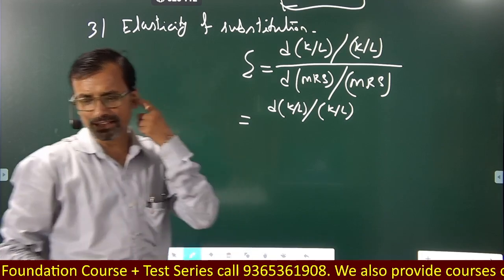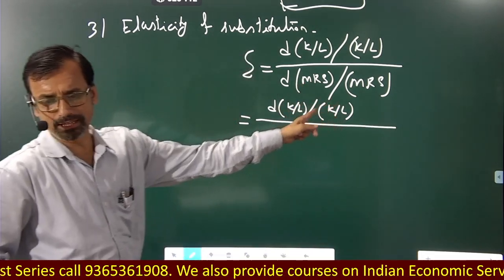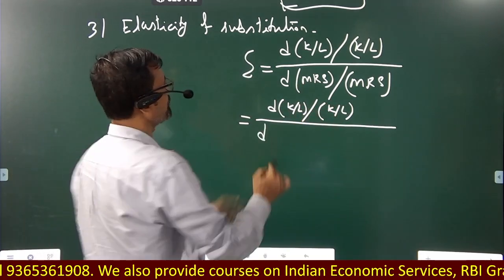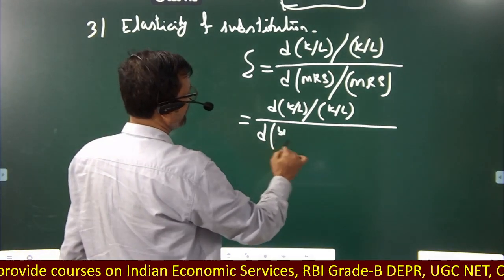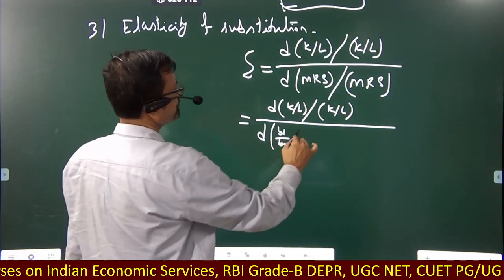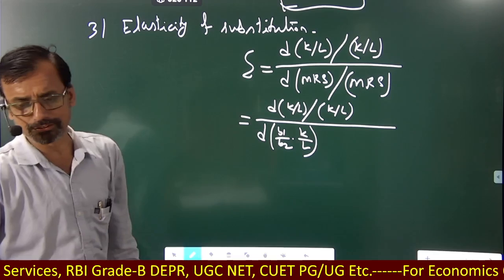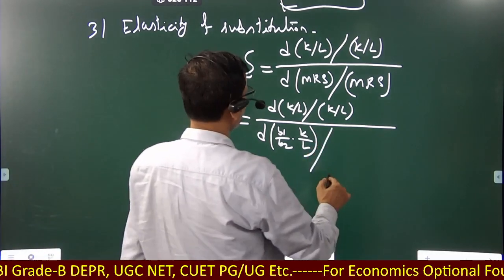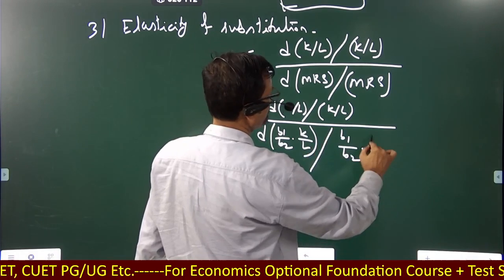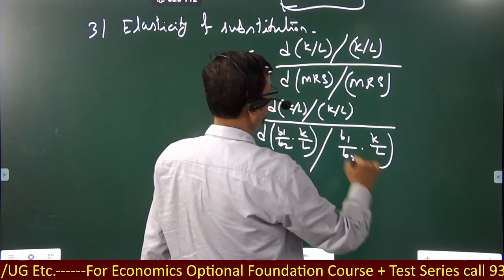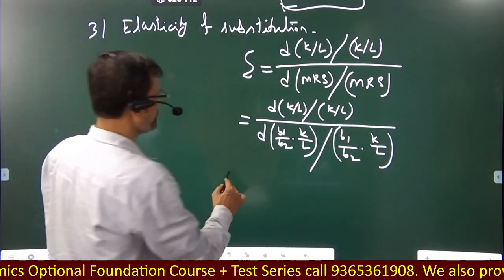After putting the values: we have already found that the marginal rate of substitution is B1 by B2 into K by L, so we divide by B1 by B2 into K by L. This is the value of the marginal rate of substitution.